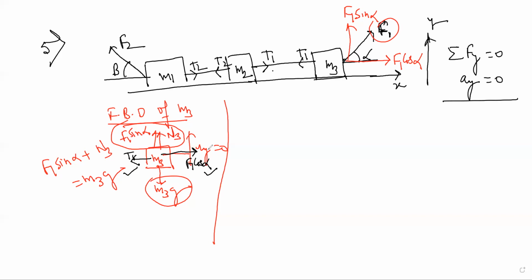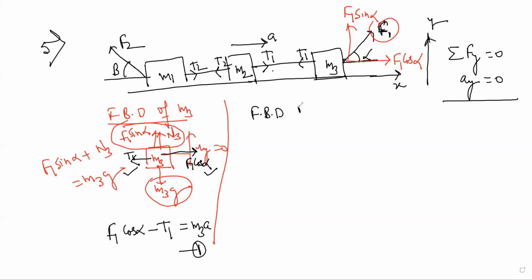There is no possibility of any motion along the vertical direction, as we have taken the case in which the body is not moving in the vertical direction. Since we have assumed its acceleration to the right, it is completely upon our choice. So what equation will go? F1 cos alpha minus T1 is equal to M3 times A. This is equation first.